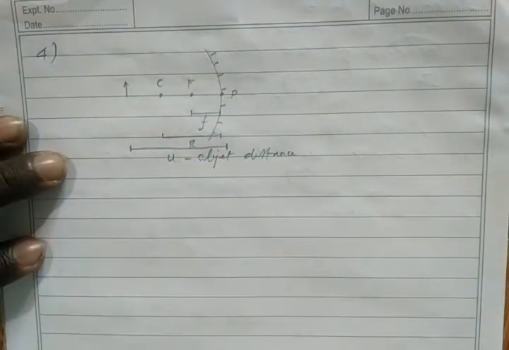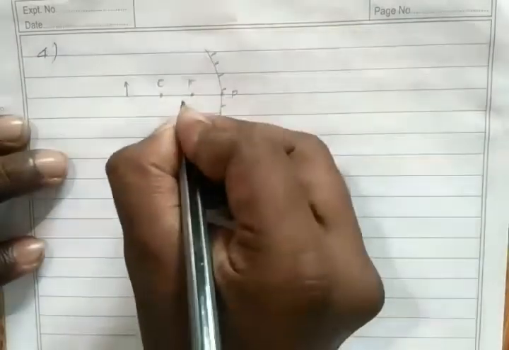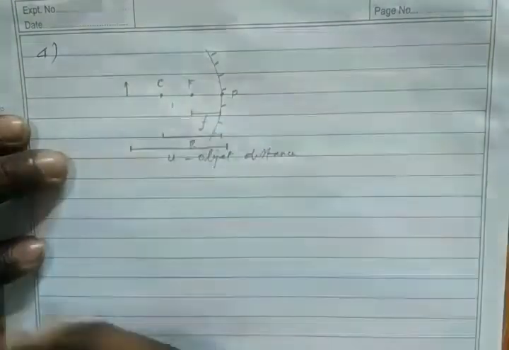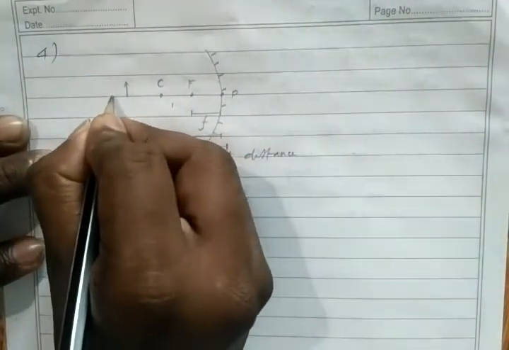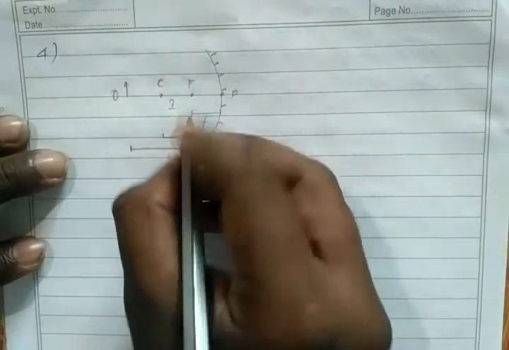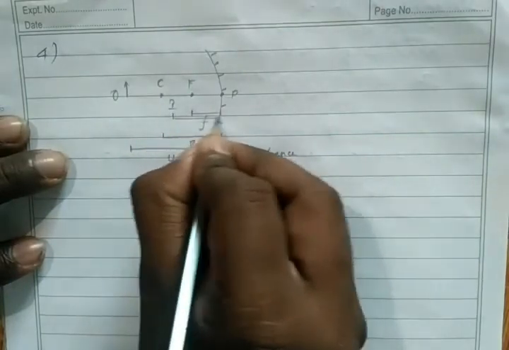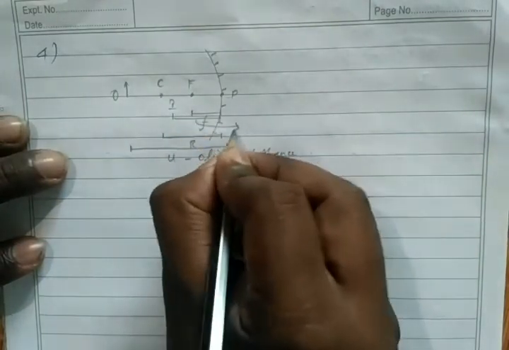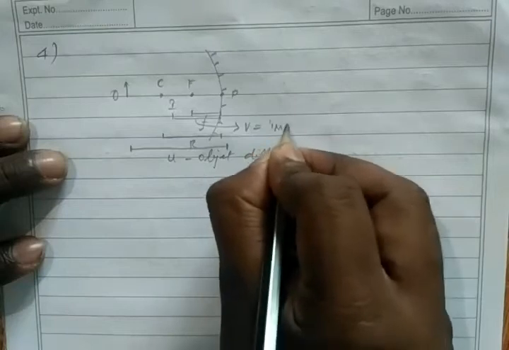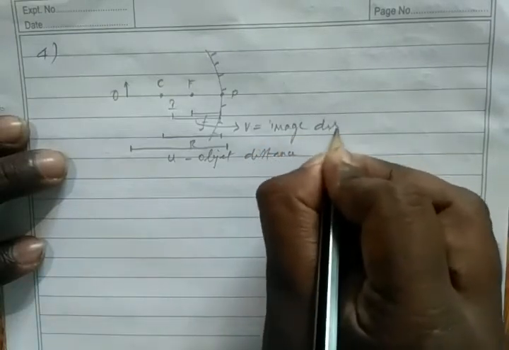Correct? If the image forms somewhere, for example, if the image forms here, so this is the object. If the image forms here, then this distance is known as V. V means image distance.